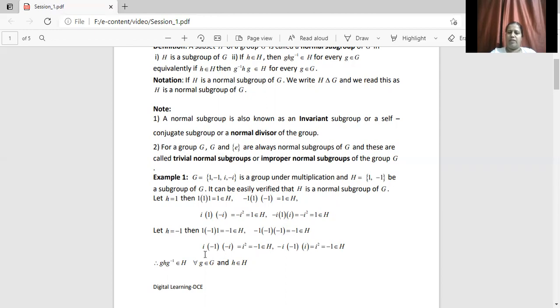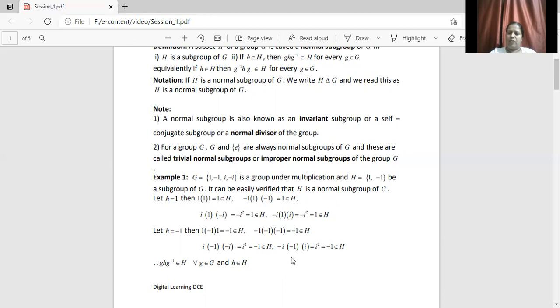Then the next element is i, and its inverse is minus i. Therefore, i into minus 1 into minus i, we get i square, that is minus 1, which belongs to H. Similarly, the last element of the group G is minus i, into h is minus 1, and the inverse of minus i is plus i.